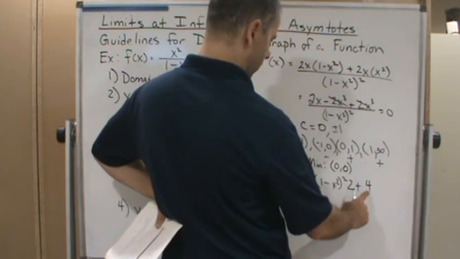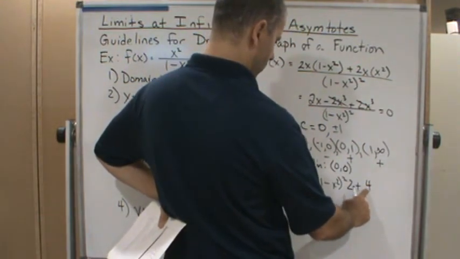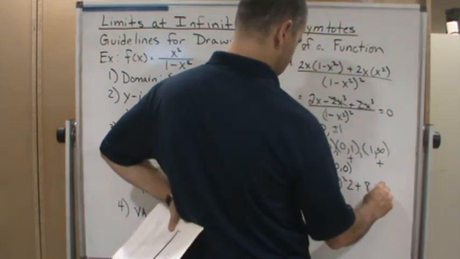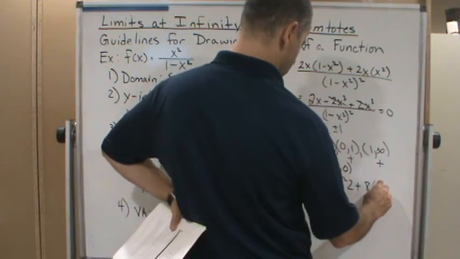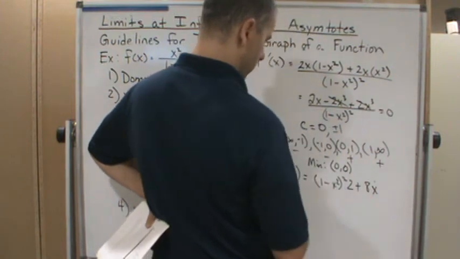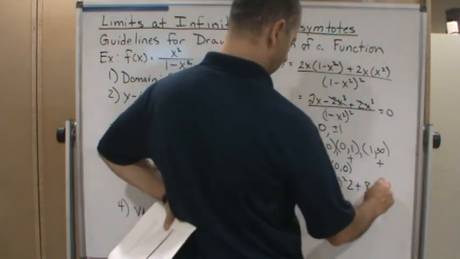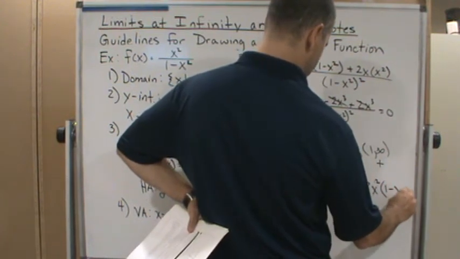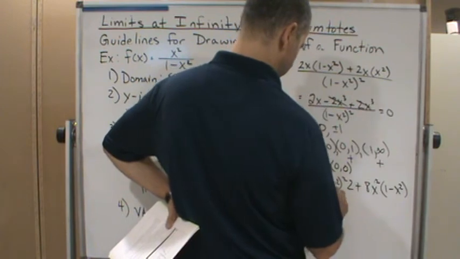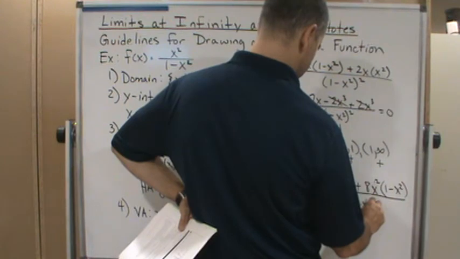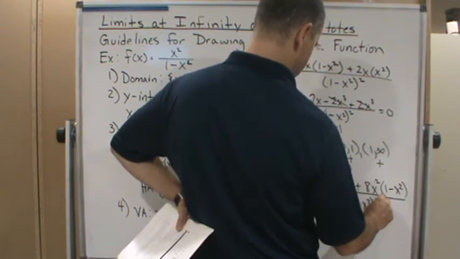Plus 8x squared times 1 minus x squared all over 1 minus x squared to the fourth.